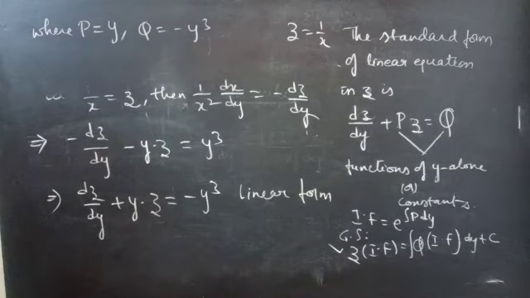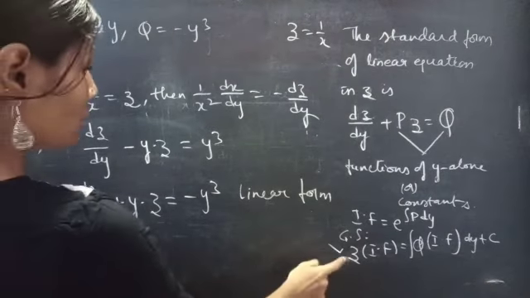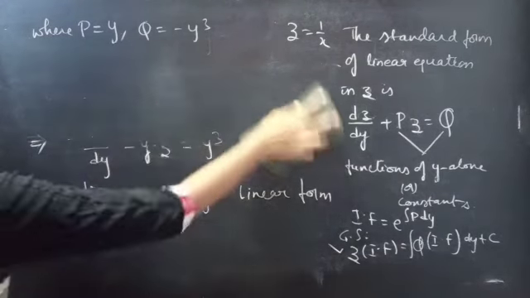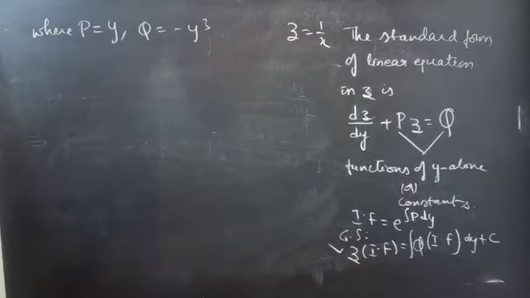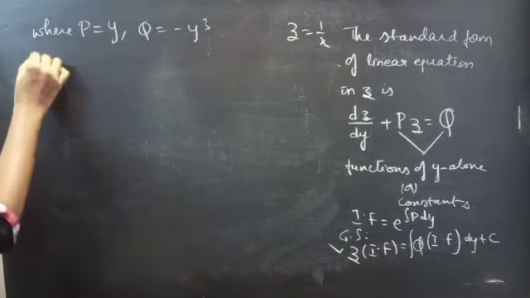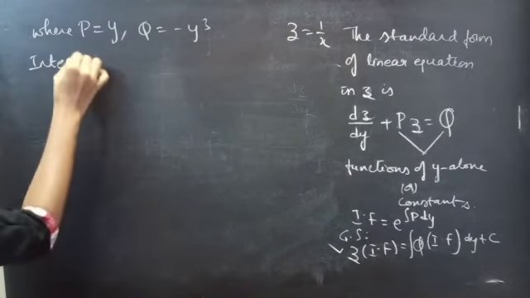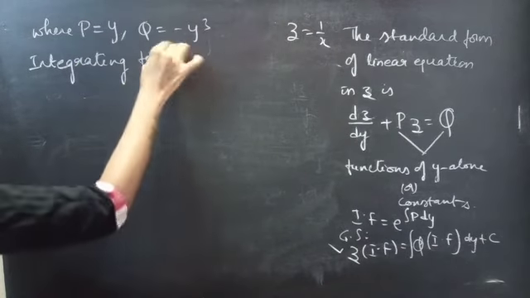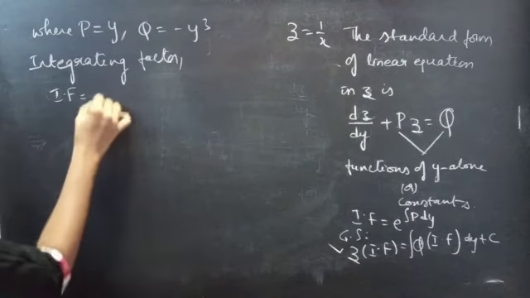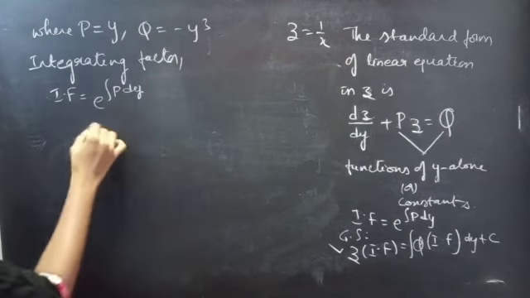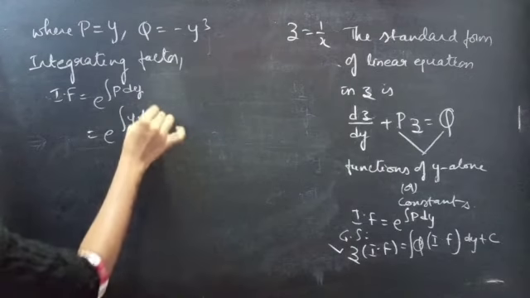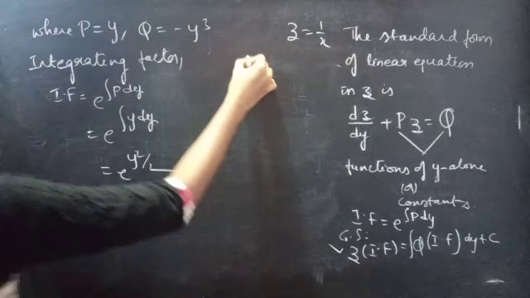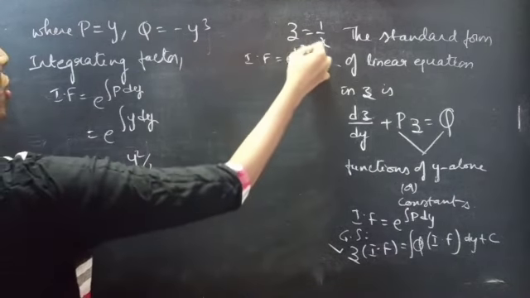Firstly we need to find integrating factor. Integrating factor equals to e power integral P dy, which is equals to e power integral y dy, which is y squared by 2. So our integrating factor is e power y squared by 2.